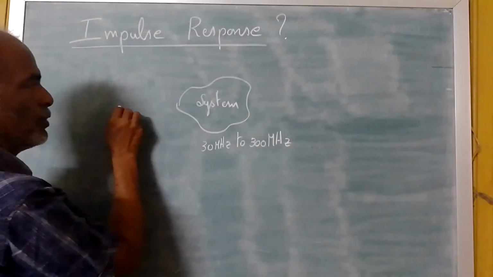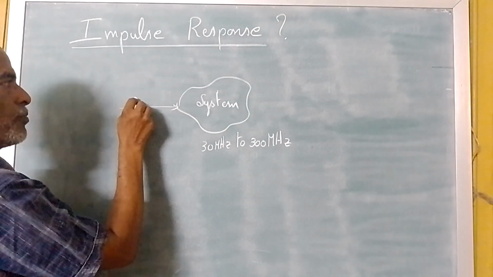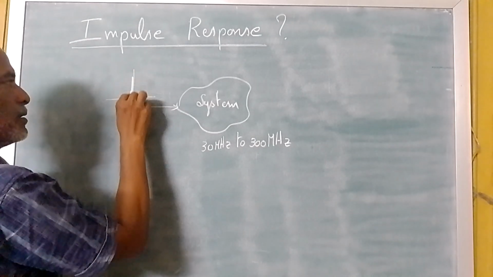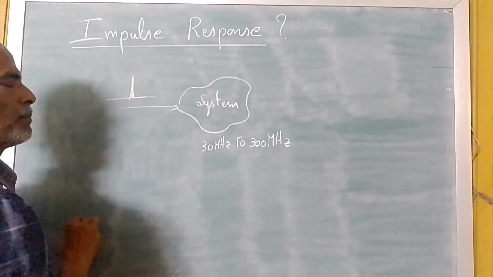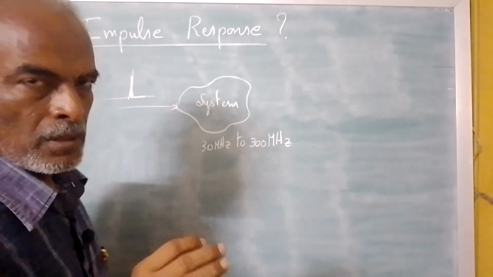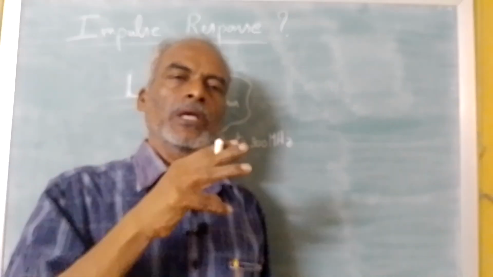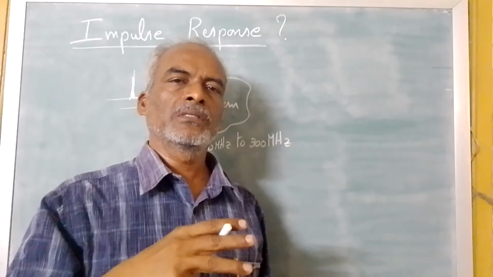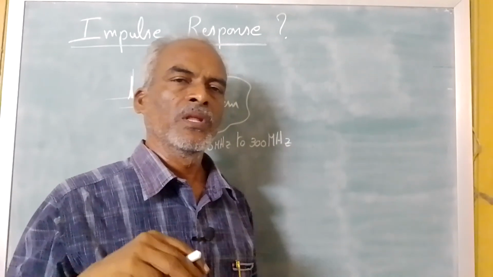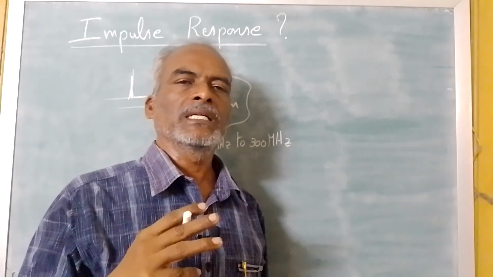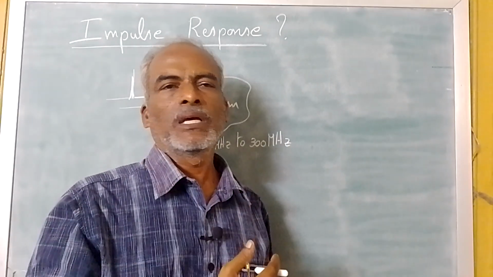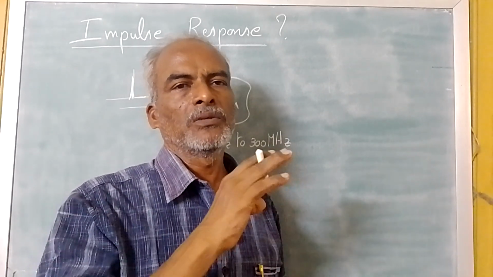Suppose you give a unit impulse to the system. If you are giving a signal like this, what does that mean? You are giving all the frequencies from minus infinity to plus infinity, theoretically. So practically, the moment the circuit is switched on and you give an impulse, it allows all the frequencies.